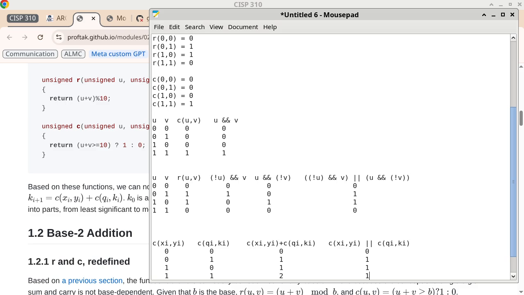So now we have a problem. So how can we know that C of XIYI and C of QIKI cannot both be ones? Does everybody understand the question that I'm asking? I'm asking why the last row cannot happen.